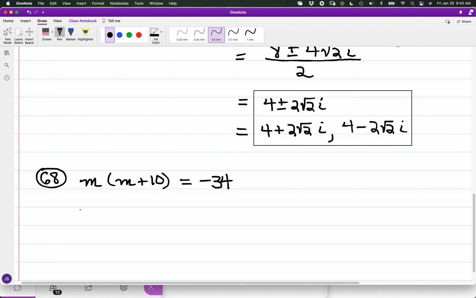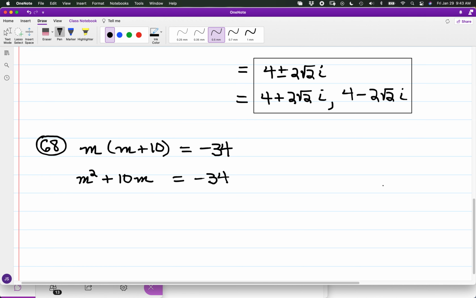So we remove the parentheses, and upon distributing, m times the quantity of m plus 10 will be m squared plus 10m is equal to negative 34. And then we add 34 to both sides.